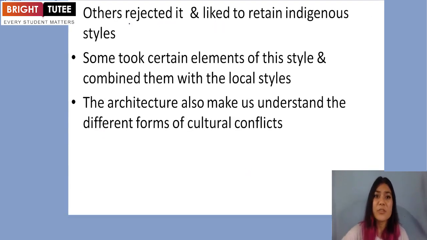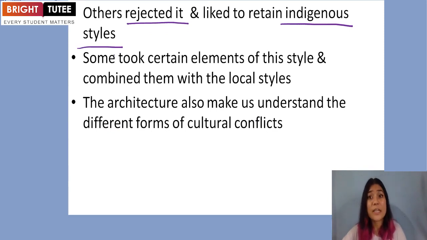But there were others who rejected it, and they were okay with the traditional style of architecture prevalent in India. They tried to continue practicing that. And there were some Indians who took elements of both styles, combined them, and formed a new unique style.